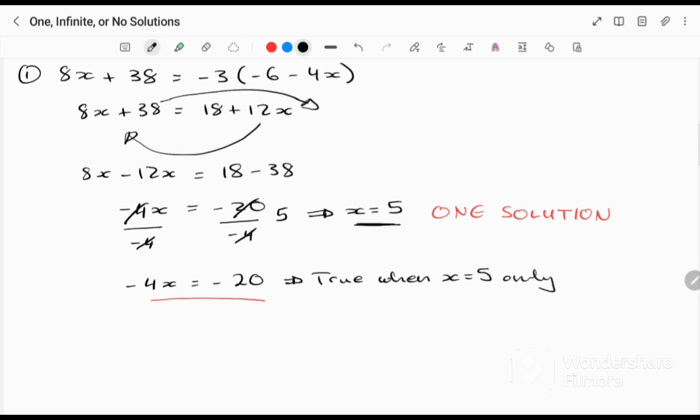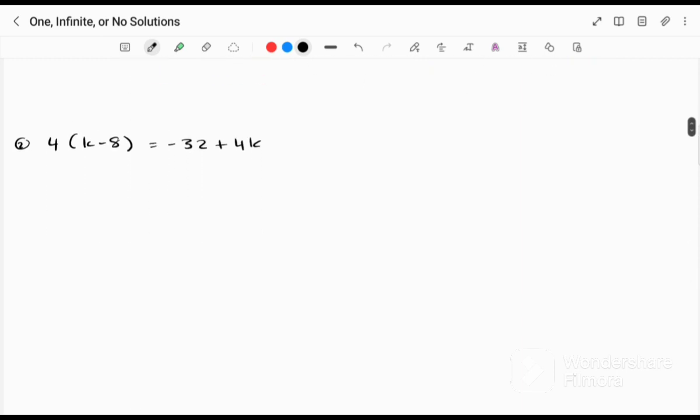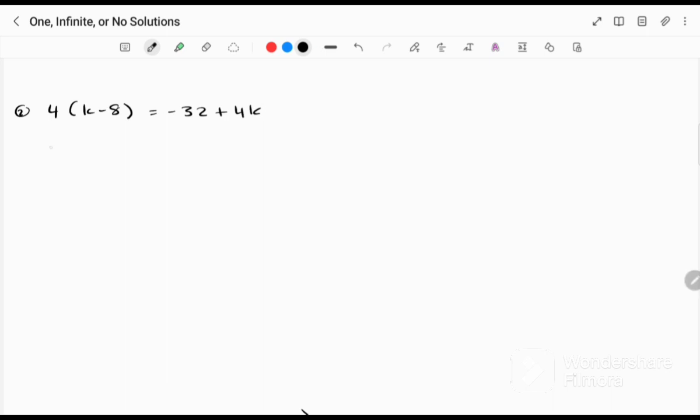Now let's look at our second example. Here we have 4k minus 8 is equal to negative 32 plus 4k. Now, let's go ahead and simplify this and solve for k. We have 4k minus 32 is equal to negative 32 plus 4k.